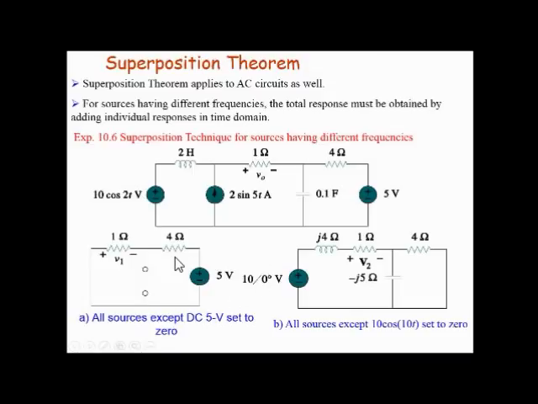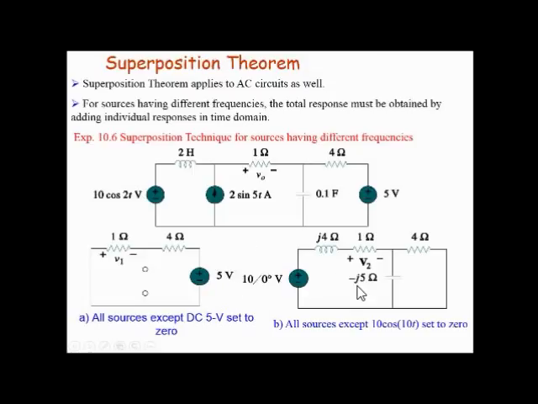For the first attempt, we consider all sources except the 5 volt DC source, which is set to 0. That means all the other sources, this voltage source and this current source, have to be deactivated. The voltage source can be deactivated by short circuiting, and the current source by open circuit. So in this case we are considering only the sole effect of the 5 volt DC source.